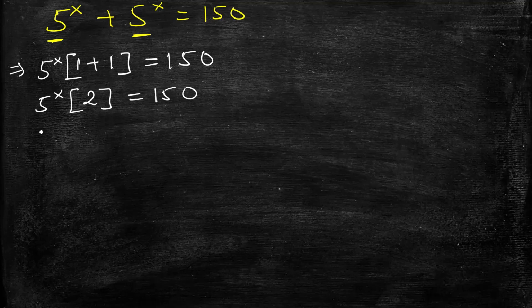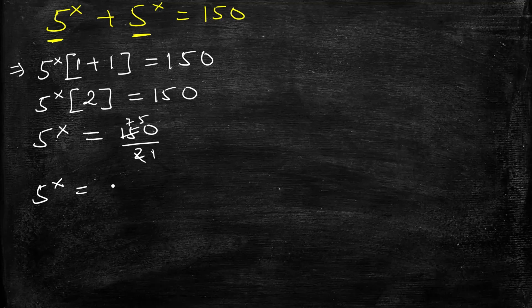So let's divide both sides by 2. So this side will be 150 over 2. So we have 5 raised to x equals 75.